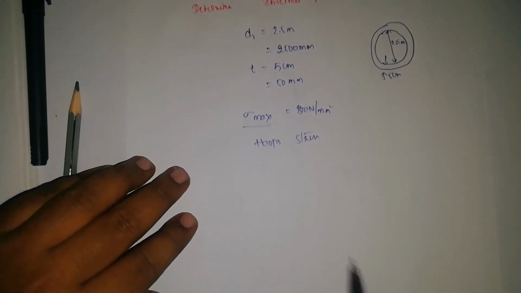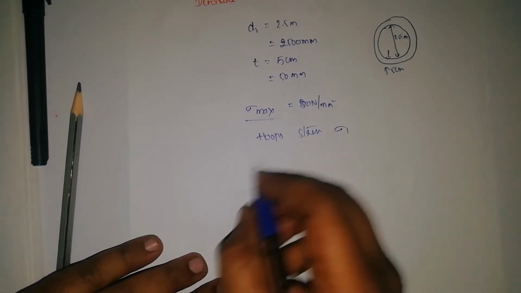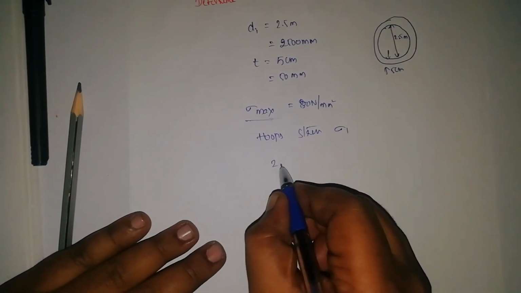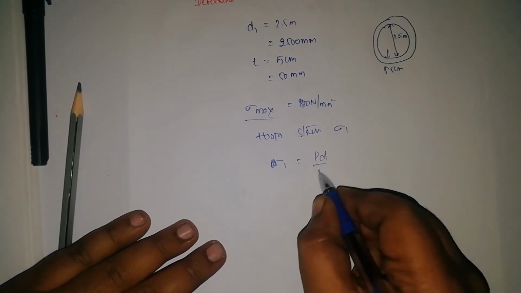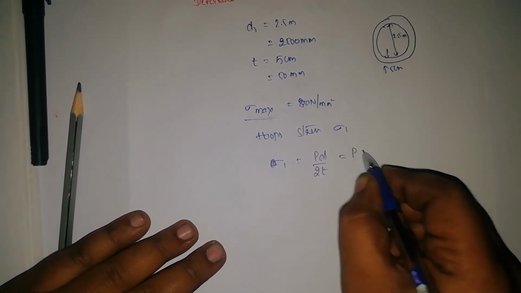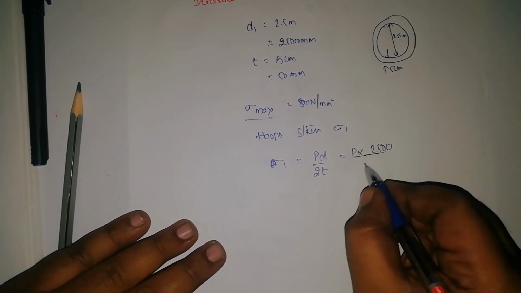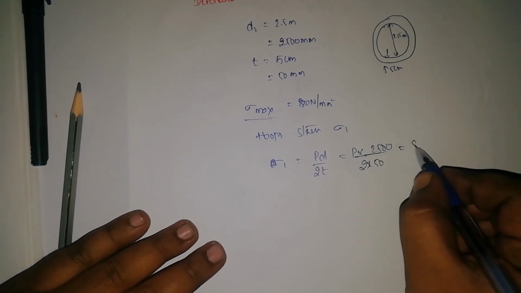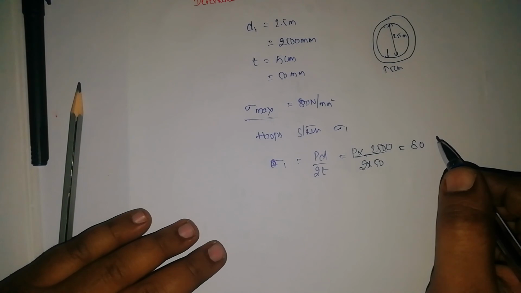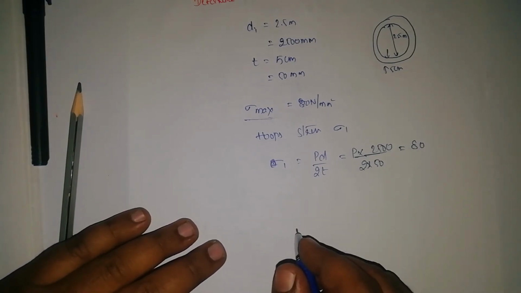Just now I told that hoop stress is the maximum value because its denominator is smaller. So, sigma 1 is equal to PD divided by 2t, that is P into diameter 2500 divided by 2 into 50, whereas the maximum value is given as 80, correct.